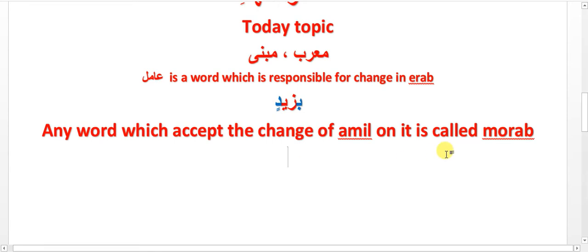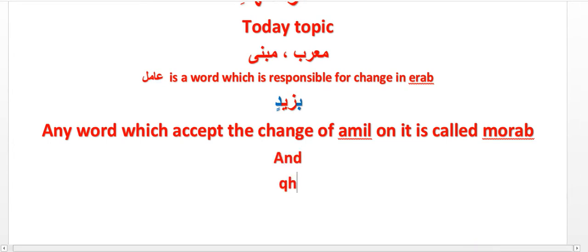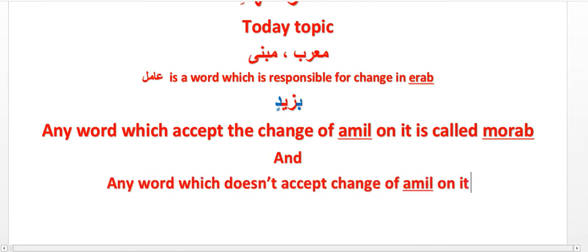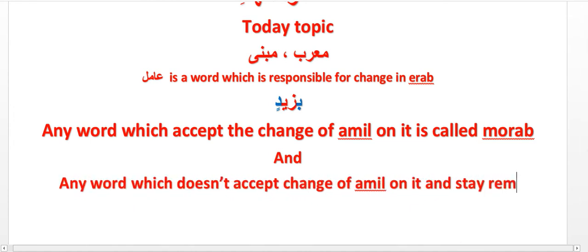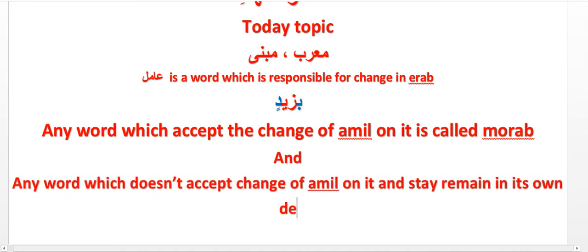And any word which doesn't accept the change of amil on it and remains in its own default I'rab, that word will be called Mabni.